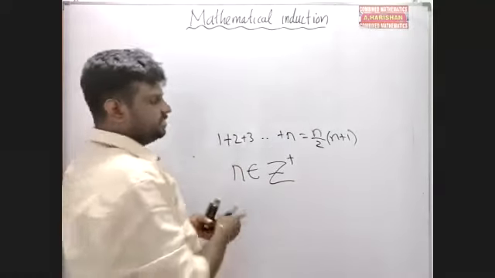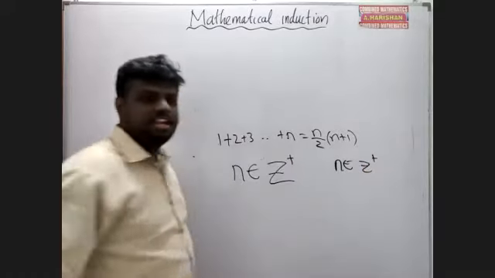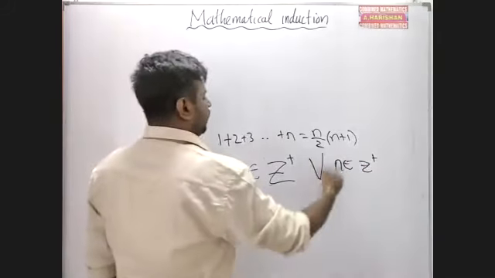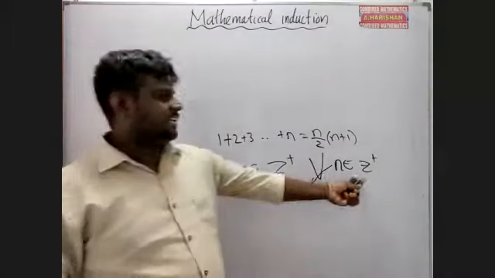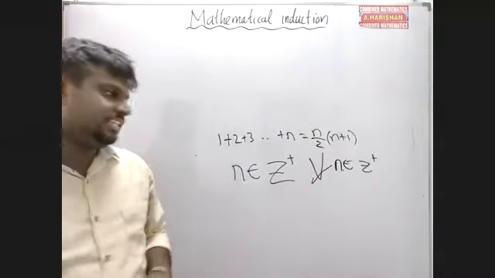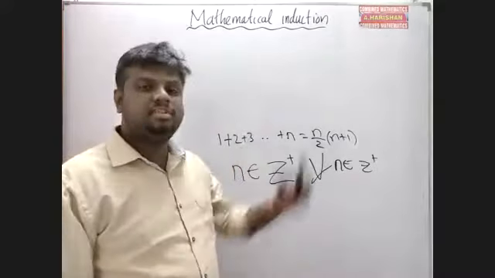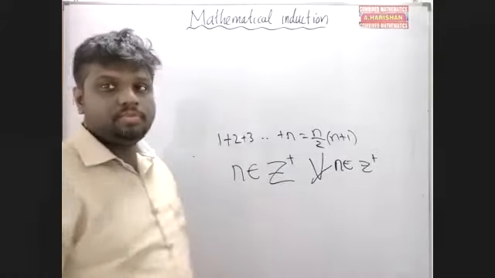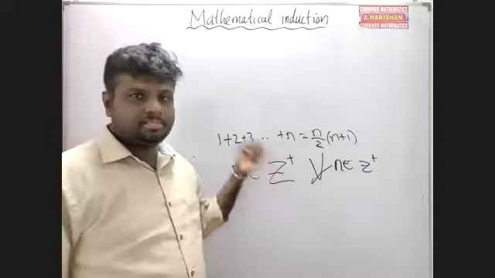That person says this is true for all values of n belongs to Z plus, that means positive integers, so n can be any positive integer. So now you have to verify that, using mathematical induction.